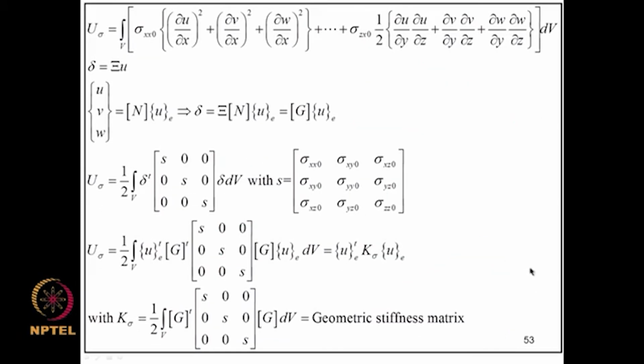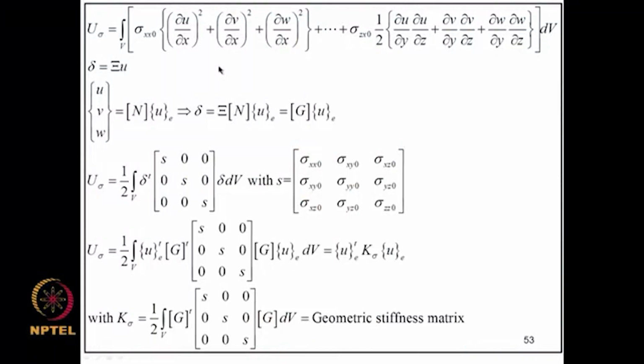Now, to formulate the problems of stability using finite element method, we developed what is known as geometric stiffness matrix for different elements, and a general theory for that required us to introduce the nonlinear relationship between displacements and strains.